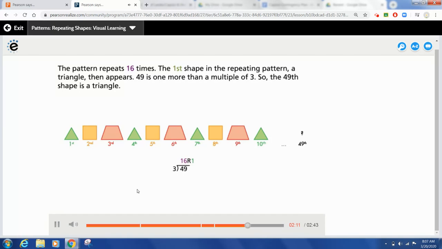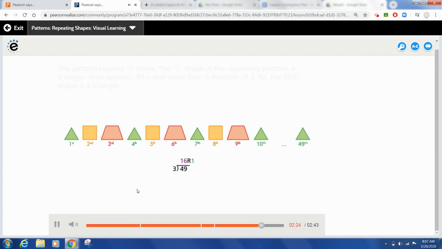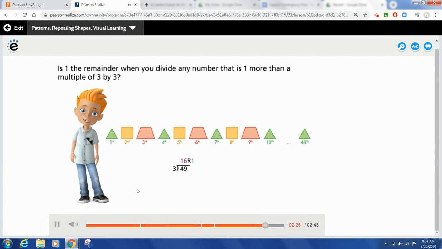The first shape in the repeating pattern, a triangle, then appears. 49 is one more than a multiple of 3. So the 49th shape is a triangle. Is 1 the remainder when you divide any number that is one more than a multiple of 3 by 3? Yes, 1 is the remainder. Now you know how to use a repeating pattern to predict a shape.